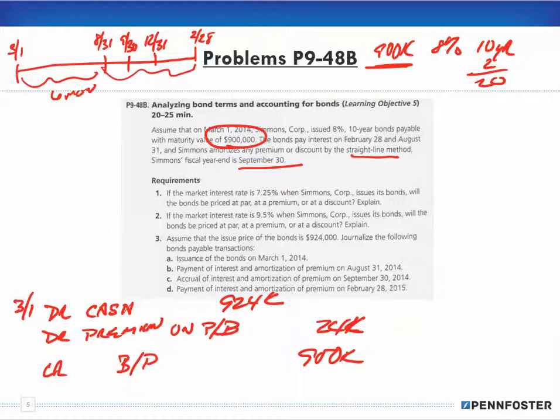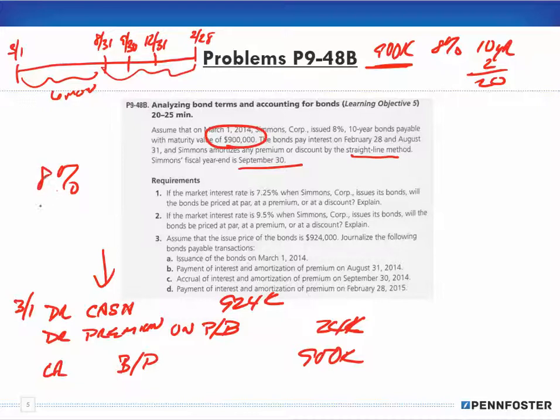Again, be cognizant of the terminology that we're using here. We use the words premium and discount in a couple of different ways. I was just talking about a premium on interest rates.